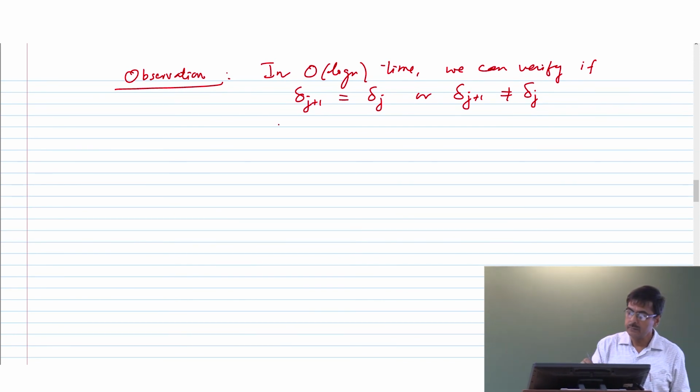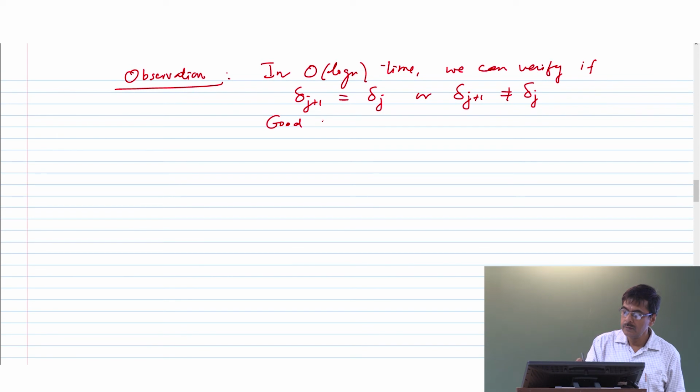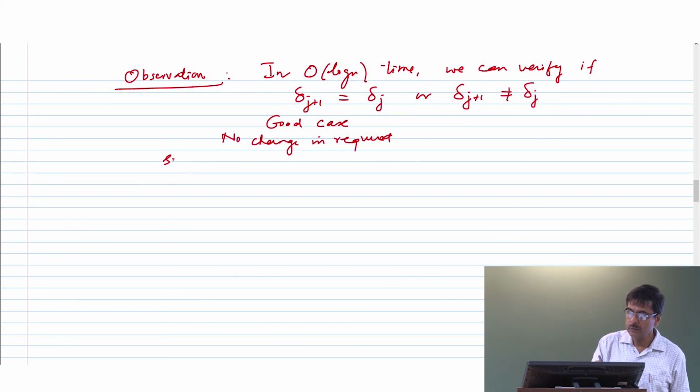So this is a good case. No change is required. The new point is simply stored.